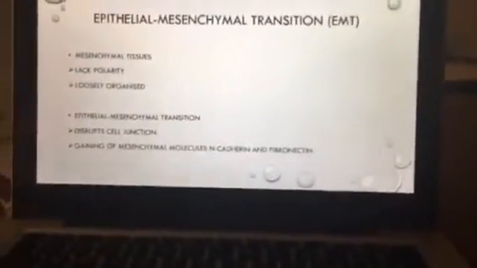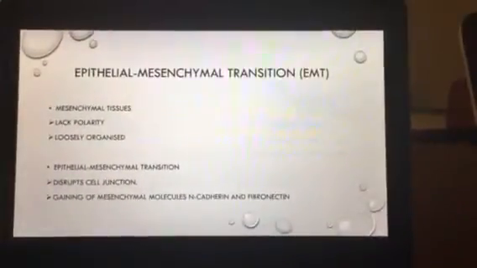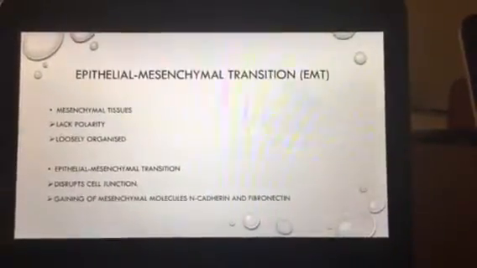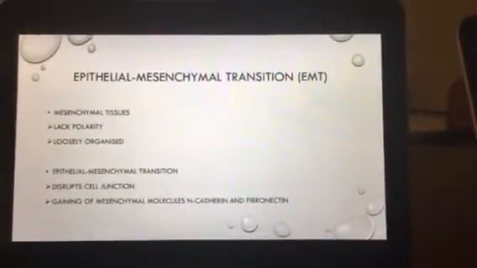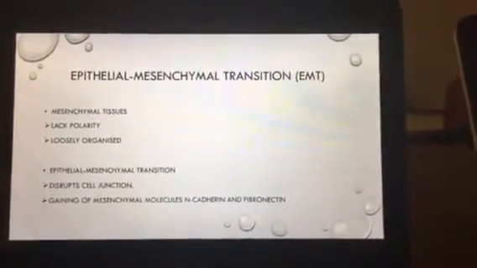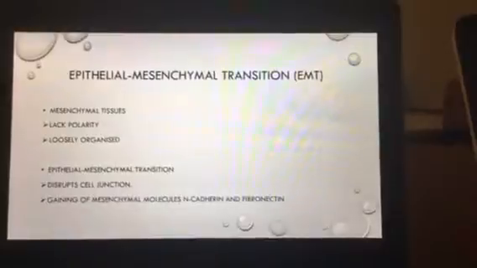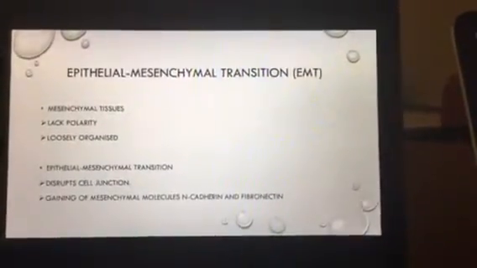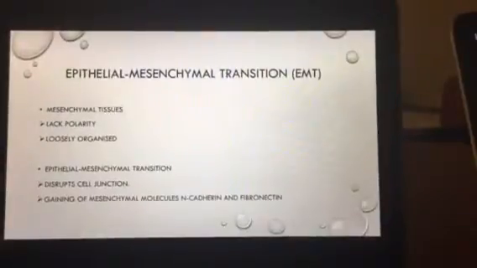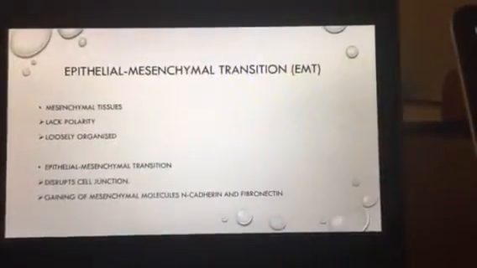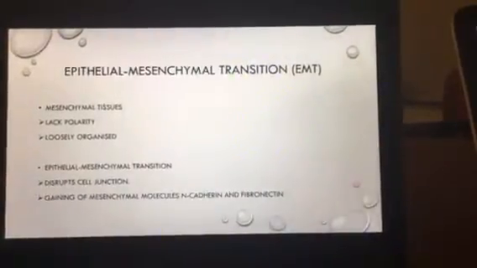become invasive basically means that they are polarized, meaning that they have different domains. They have the lateral domain, the apical domain, the basal domains, and they have different functions. So mesenchymal tissues are the opposites of epithelial tissues in the sense that they are not polarized. So they don't have those different domains. So if the cells that make up the mesenchymal tissues are loosely attached and lack the organization that the epithelial tissues have.